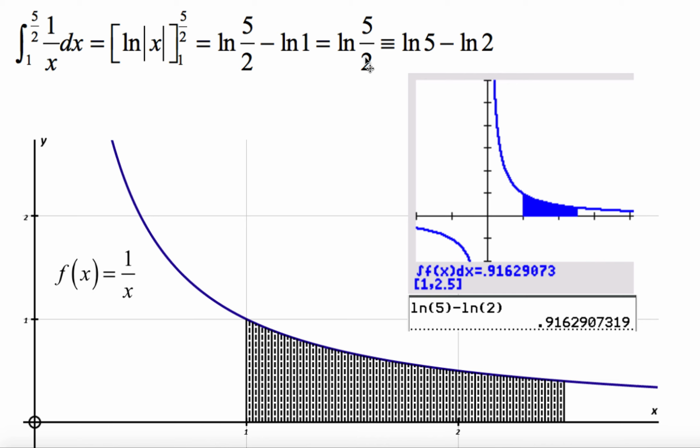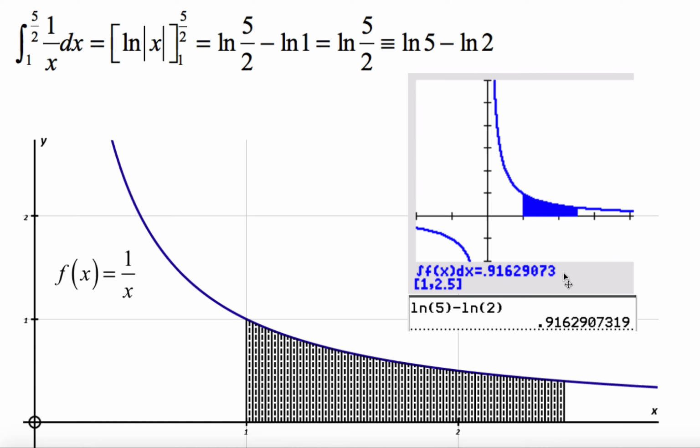IB might ask you to say, like, find the answer in a paper 1 sense of the natural log of some a over b, write down the values of a and b. You can also equivalently say, using the logarithmic properties, that the log of a quotient is just the difference between those two values. So what are we really talking about here? We're talking about the area under the curve from x equals 1, as you can see down here, out to 2.5, which is right here.